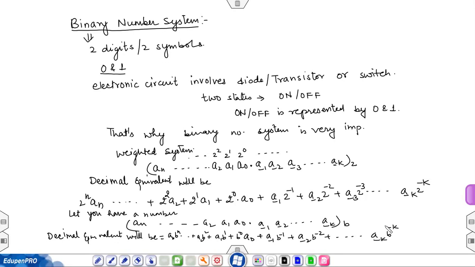So this is how you can find the equivalent decimal.